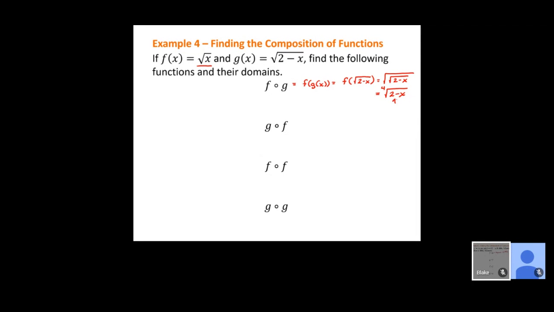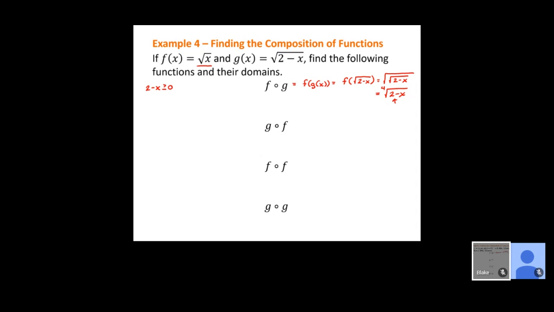So if I look at my final answer, are there restrictions on that domain? Okay, good. So we know what's inside the radical, because it's an even index, it's a fourth root now, has to be greater than or equal to 0. So we're going to say 2 minus x must be greater than or equal to 0.